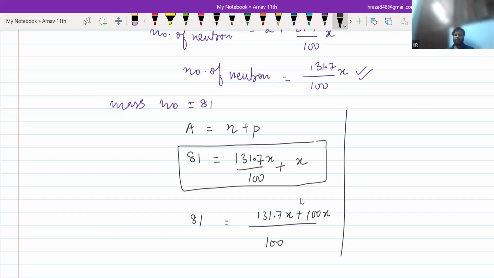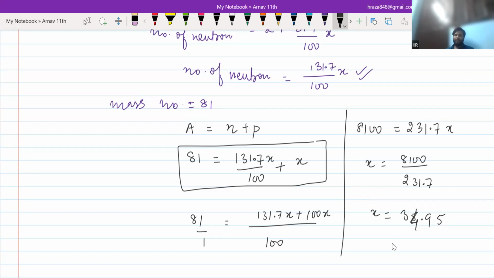Now again, you can see it will be 8100 if you cross multiply it, and it will be 231.7x. So the value of x will be equal to 8100 upon 231.7. If you divide it, it will be almost 35 point something. Basically 34.9 something, which will be almost equal to 35.